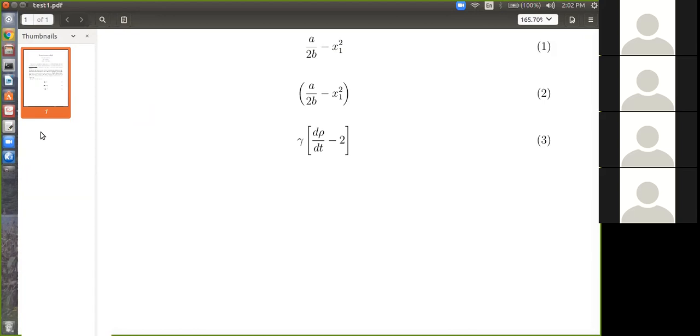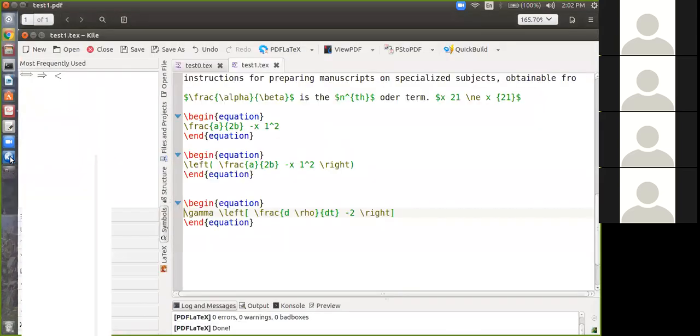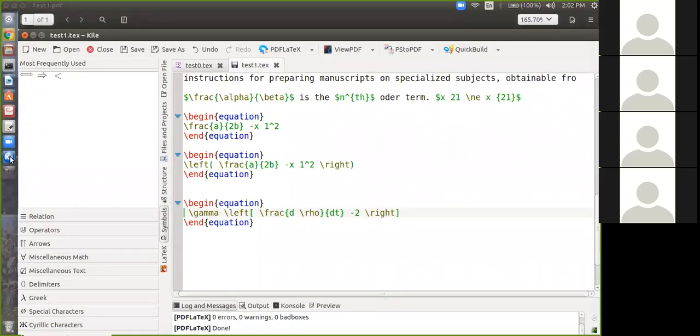Okay. Then I need to put that average angular bracket. So angular bracket is left angle, slash langle.